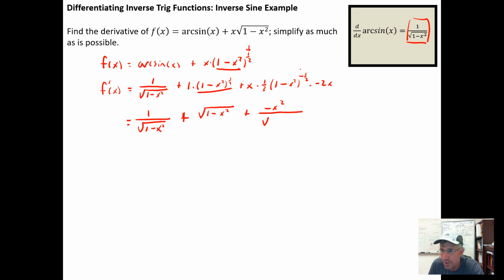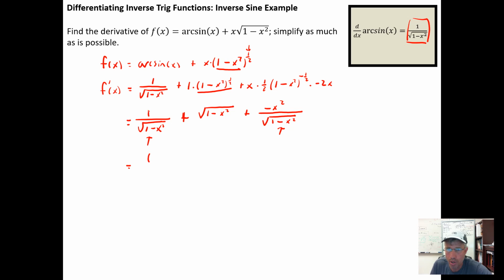The negative exponent here means I can tuck that square root down into the denominator, and we'll get 1 minus x squared in the denominator. So here's what I've got going on. Here I've actually got the same denominator on these two, so that can be combined using a common denominator.